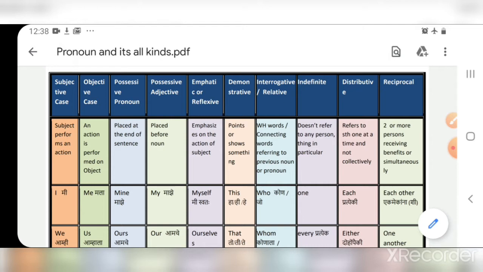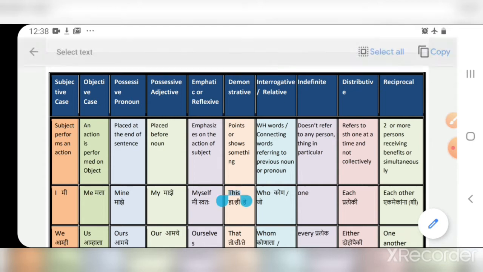So, for example, I am giving you a pen. Here I is the subject because I is performing an action. Give is a verb, that means an action, and a pen is a direct object.